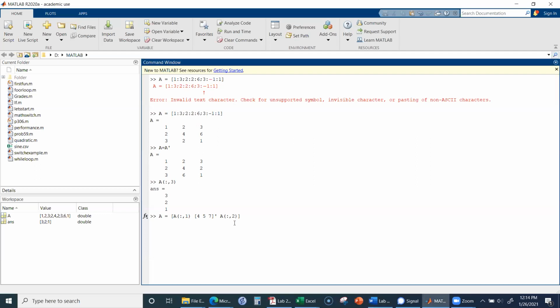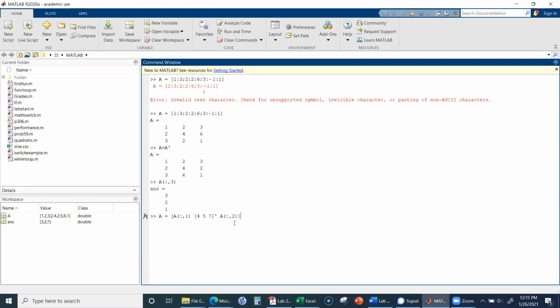A is a matrix, and this element is, for example, the first column of A. And this is the transpose of 4, 5, 7. This is a row matrix and its transpose, so it will be a column. And then this is the second column of A.